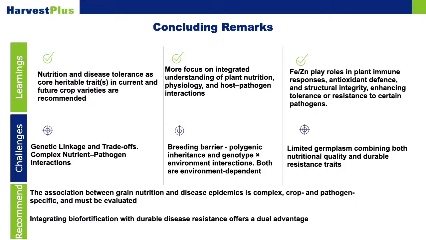We need to look at the very broad spectrum and large-scale value. The second point is the integration of understanding plant nutrition and its interaction with physiology, because environment is very critical. Those have to be focused on, the host plant resistance aspect.